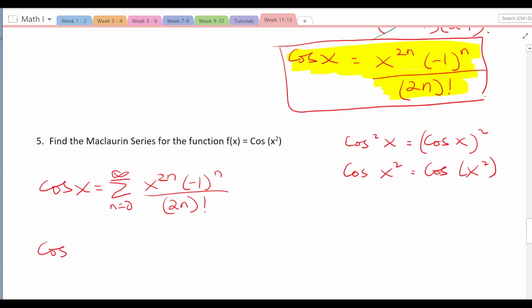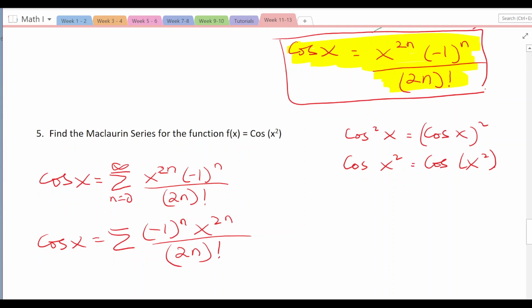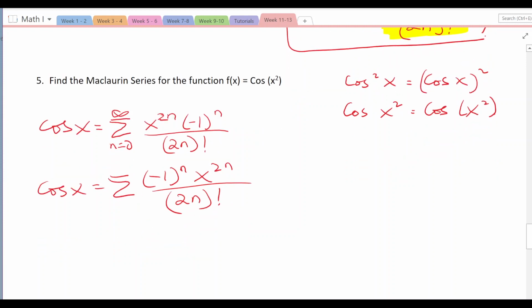Typically people write the negative 1 to the power of n in the beginning. This is just an alternative.